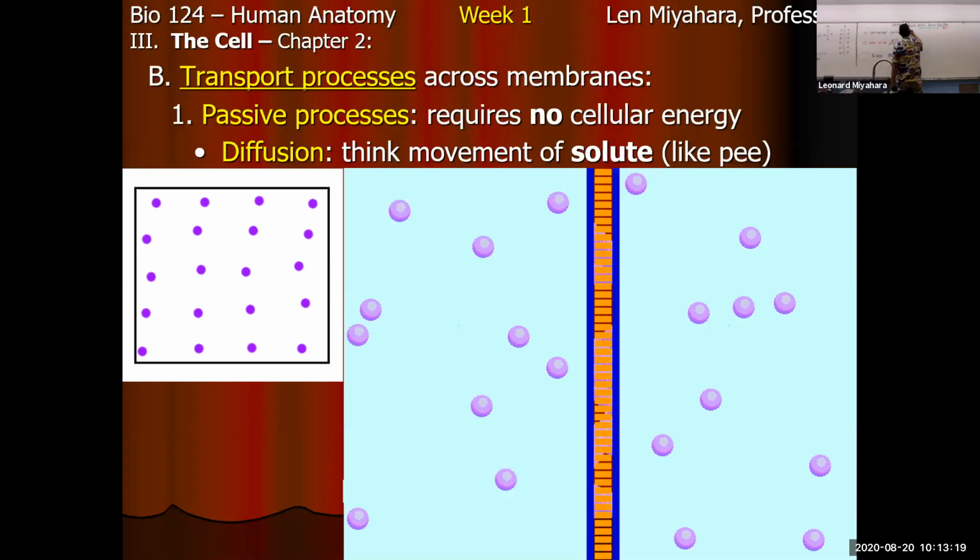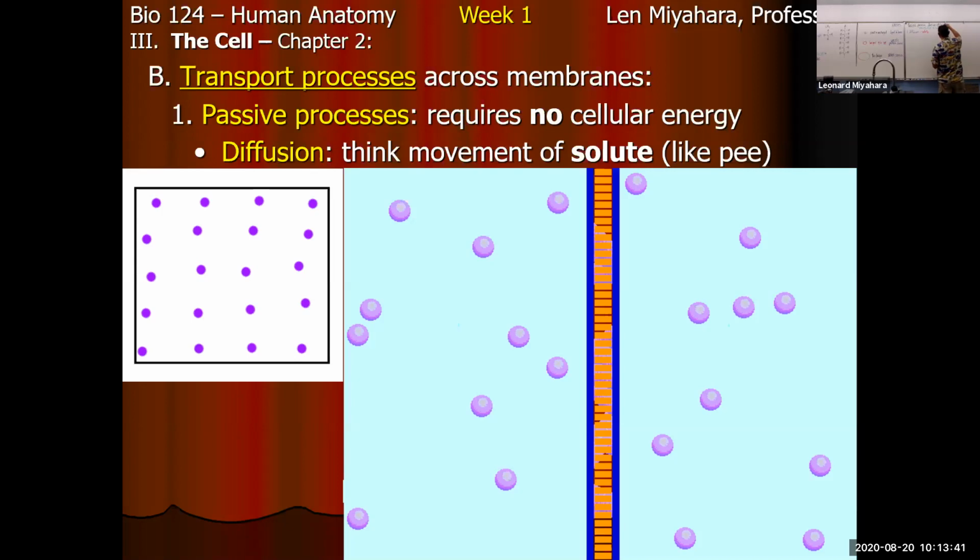Okay. So you've got diffusion, and this is going to be about solute, going from high to low.